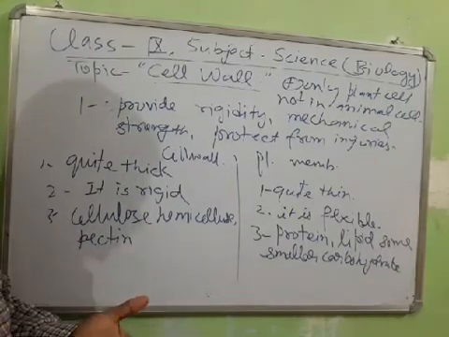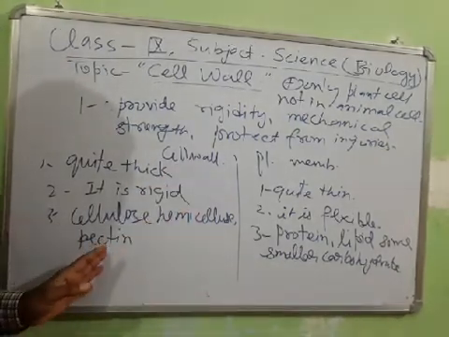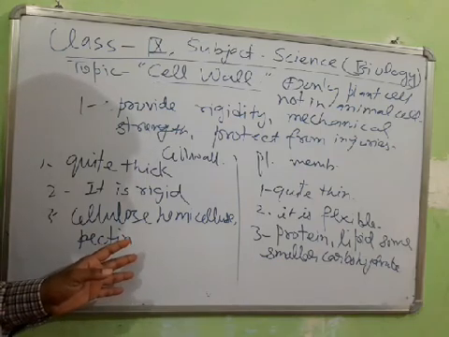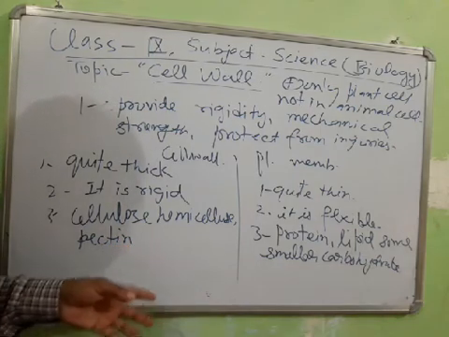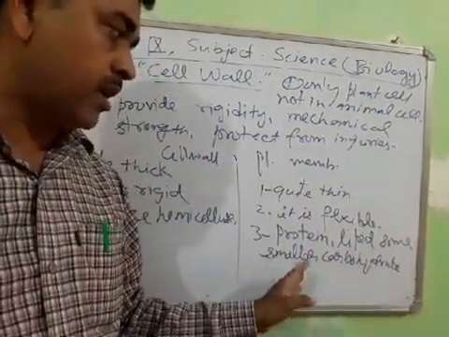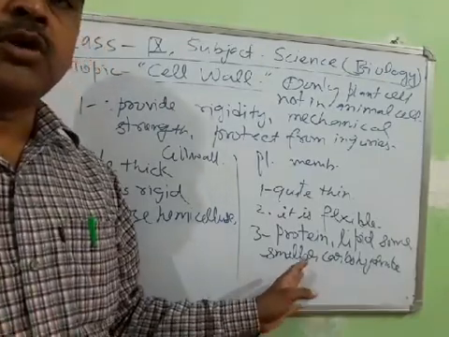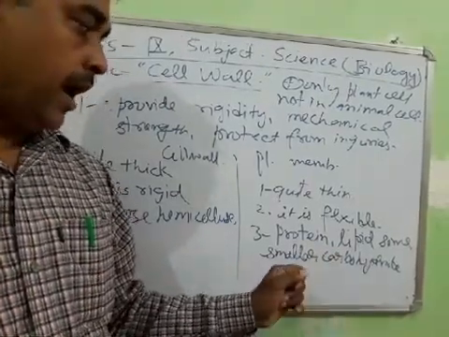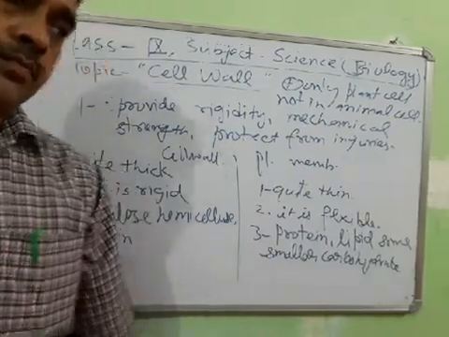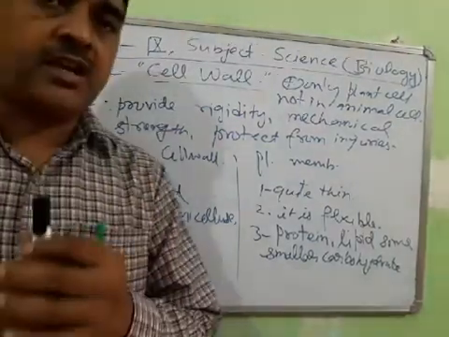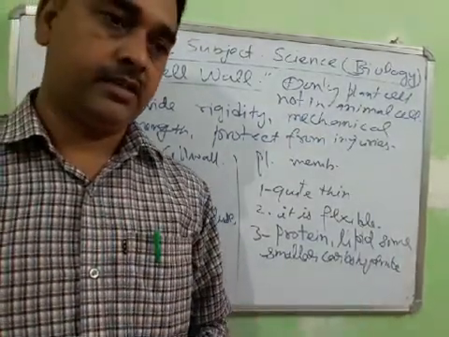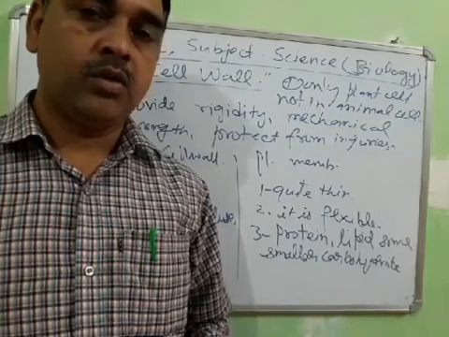I have already explained the cell wall is made up of cellulose, hemicellulose and pectin, in bacteria and fungi, and the plasma membrane is made of protein and lipid and some smaller carbohydrates. So osmosis is generally found only in the living cell, not in the dead cell. Only living cell.